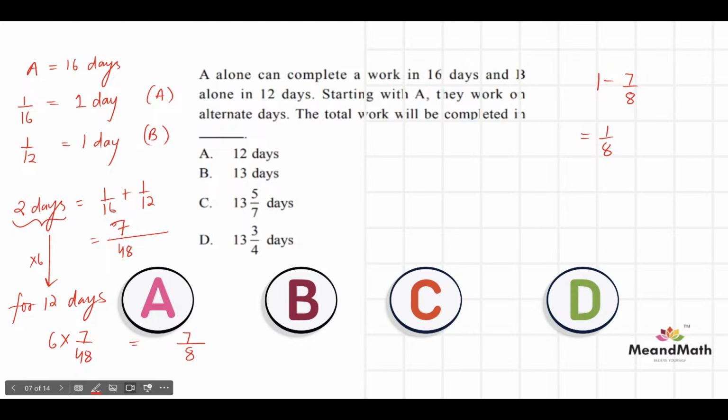A is going to be doing something like 1/16. On the 13th day, A is going to be doing 13 over 48, because the common denominator we found for both of them in 2 days. So on the 13th day, A completes 13/48 of the work, right?